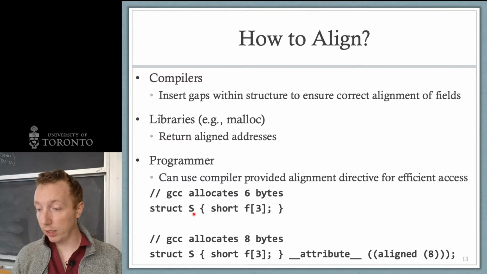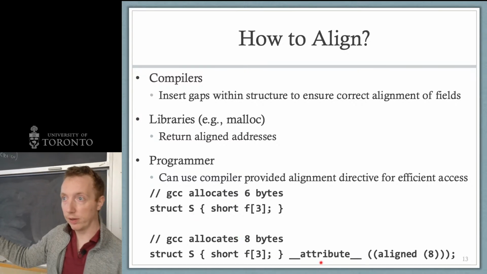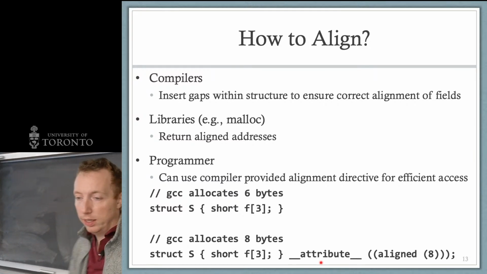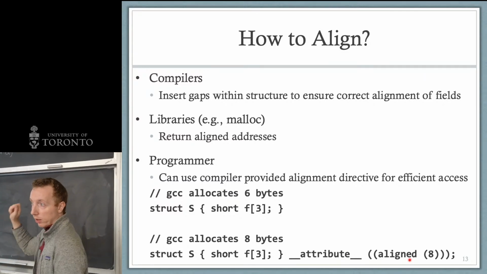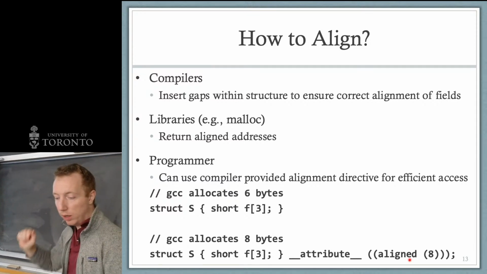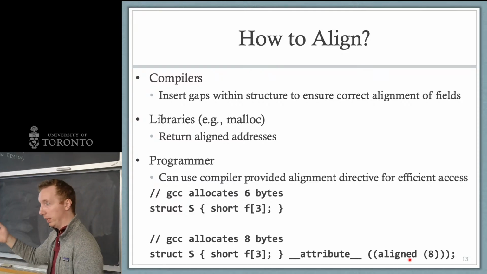If you want to make sure it's 8-byte aligned, then you could just use this attribute, underscore underscore attribute. It's a built-in thing for Clang and GCC. You could say, I want this struct aligned to the 8-byte boundary, so that if you declare one of these, it will always be aligned to 8 bytes. If you try and have 2 of them next to each other, there'll be a gap of 2 bytes.